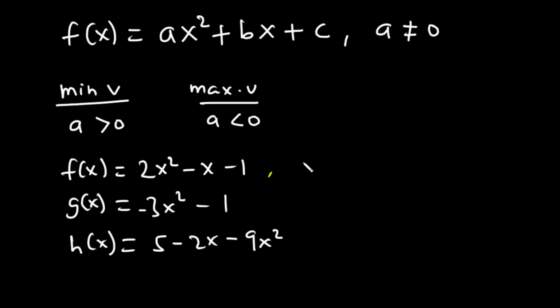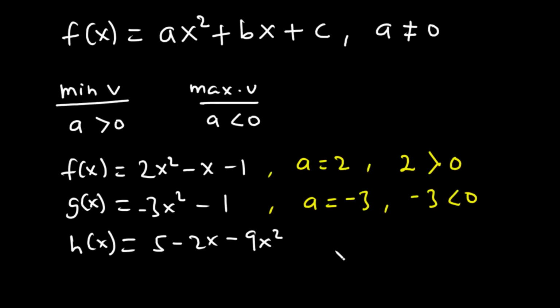F of x has a minimum value because a is equal to 2 and a is greater than 0, or better still, 2 is greater than 0. G of x has a maximum value because a is equal to negative 3 and negative 3 is less than 0. The same applies to h of x. A is equal to negative 9 and then negative 9 is less than 0.